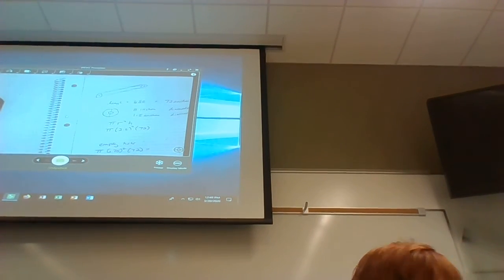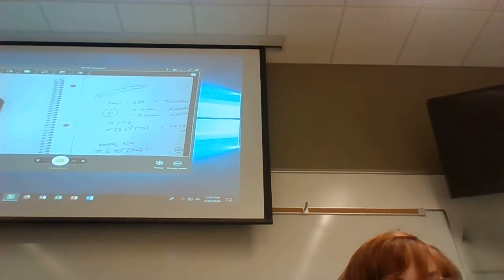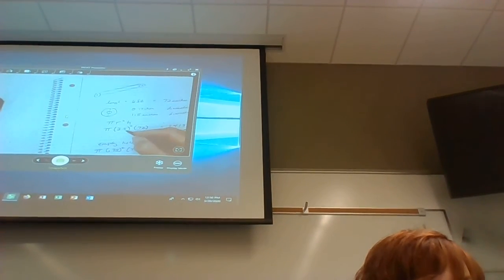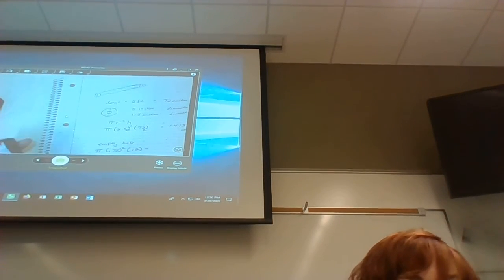So the big one, the pi times the 2.5 squared times the height, which is 72, gives me 1,413.7 cubic inches. Cubic inches, because these are inches, and I'm squaring them, and these are inches, so I end up with cubic inches.